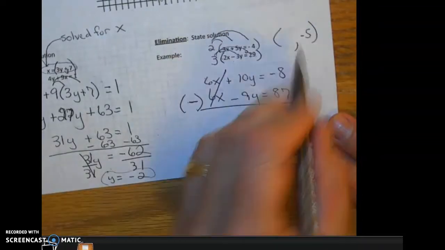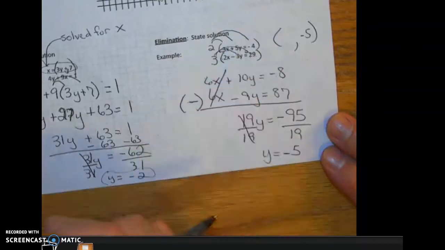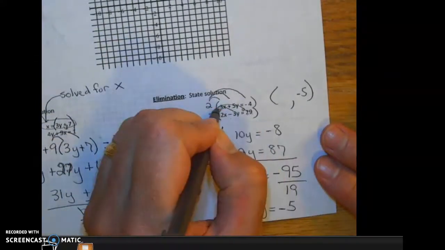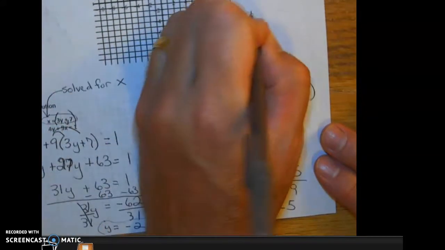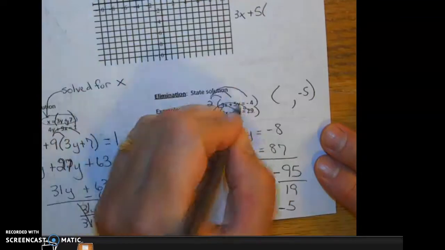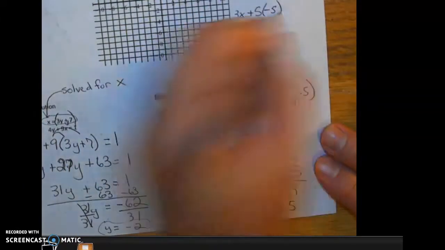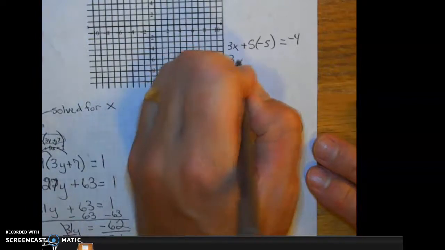Now to find the x-coordinate, we simply plug this back into one of these two equations and solve for x. So let's move up here. I'm going to go ahead and do the top equation: 3x plus 5 times y, which we know is negative 5, equals negative 4. Solving for x, first we have to simplify.